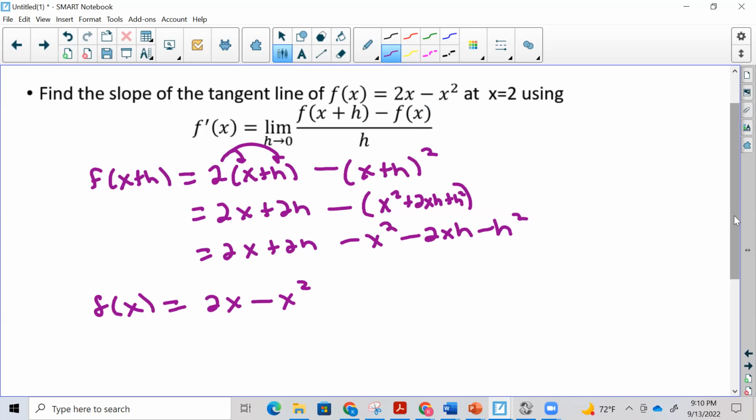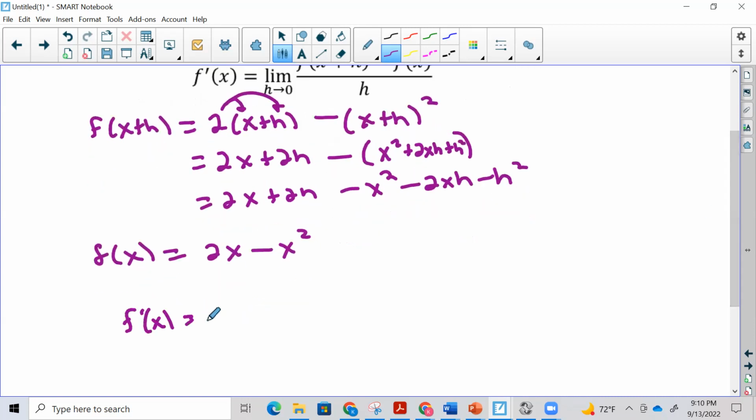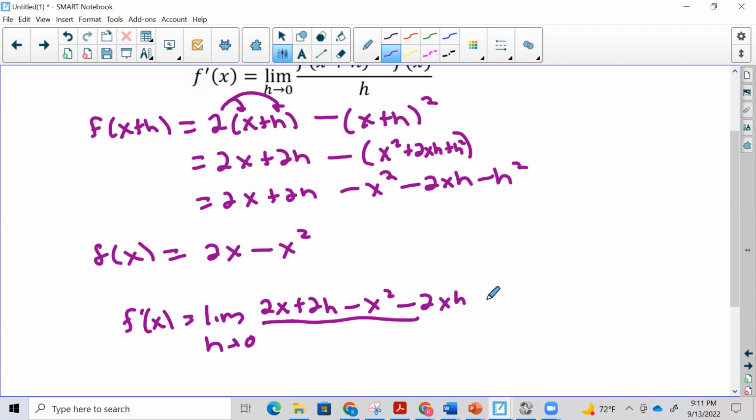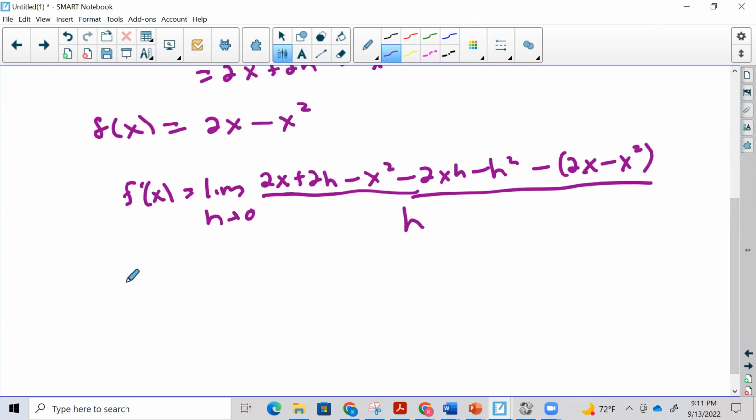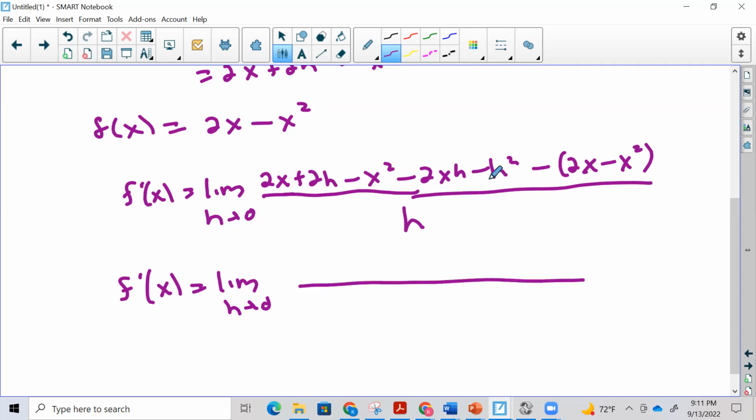Then we plug it into this formula for the derivative. Every time, you do have to write the limit until you actually take the limit, which means you plug in 0 for H. So we're going to take f of X plus H, this first computation that we did, and then we are going to subtract f of X, and then it's all over H. From there, we are going to distribute this negative, and any term that does not have an H in it should add to 0.